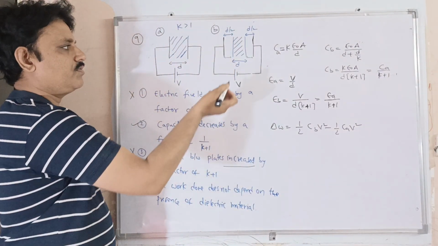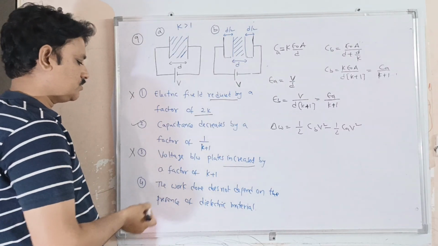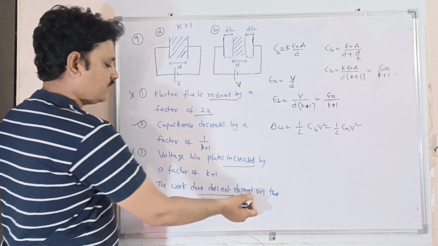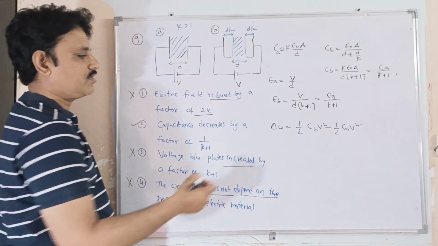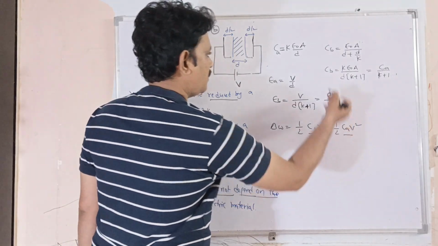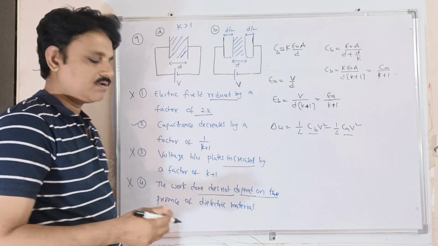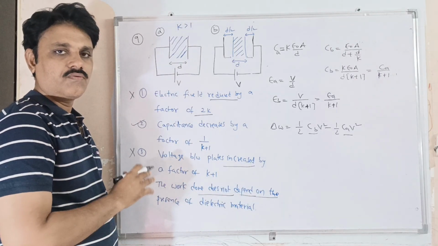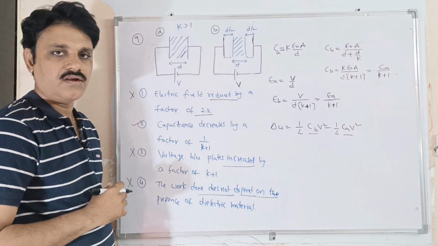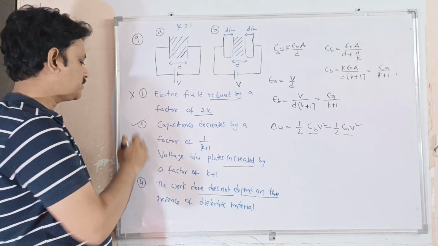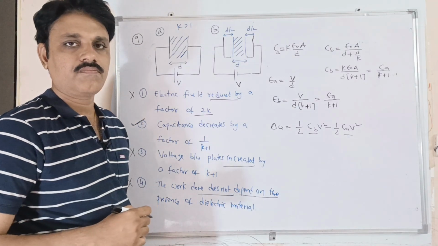Cb and Ca both depend on K, so the work done does depend on K. The option says work done does not depend on K, so it is absolutely wrong in this case also, because when you subtract Cb minus Ca, you get a relation related to the dielectric constant. So out of these four options, only one option is correct, and the remaining three options are wrong.